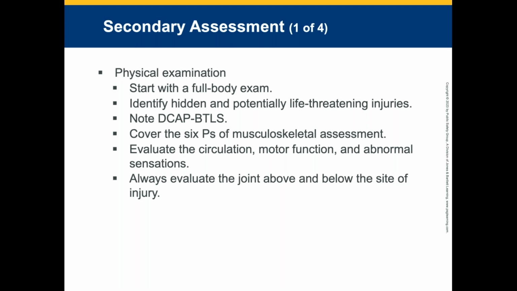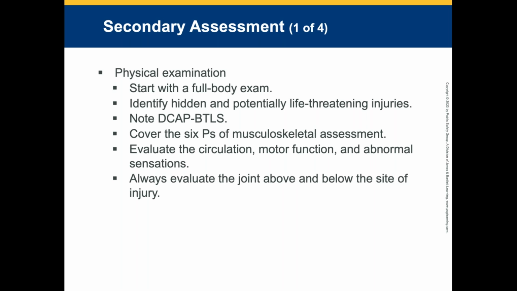When examining a stable patient with an isolated injury, obtain a baseline set of vitals. We've got to look for that trending that's there. Okay. Note DCAP-BTLS, and remember to cover the 6 P's of musculoskeletal assessment.